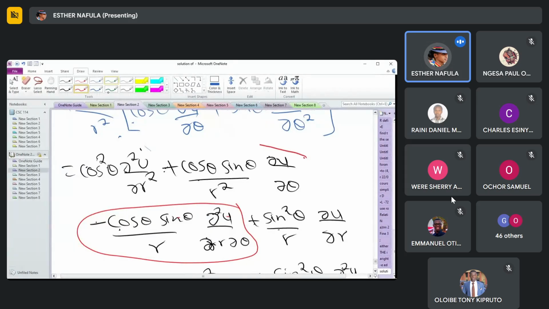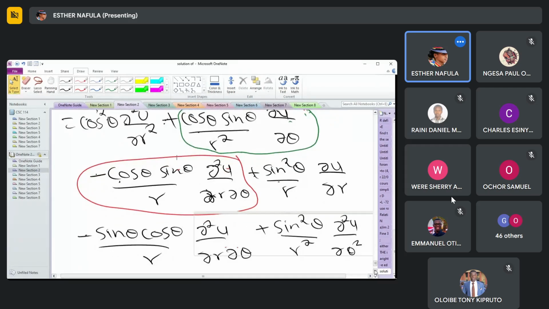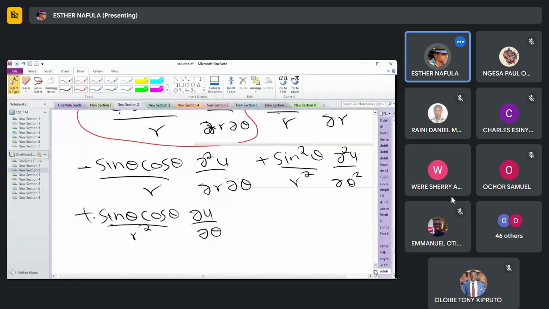Yes, it's here, the last one. So the terms in green are similar, those in red.